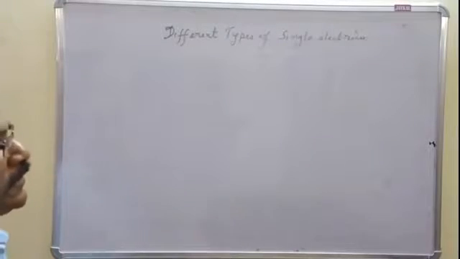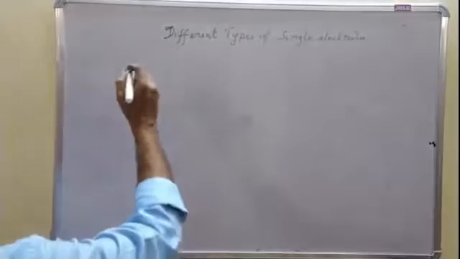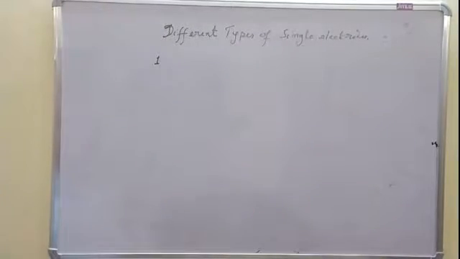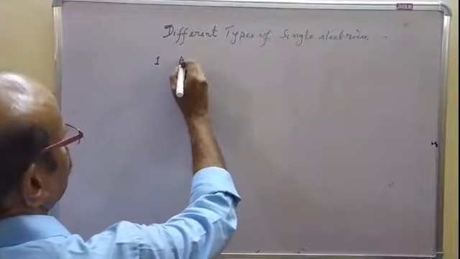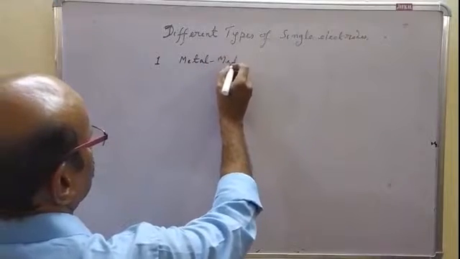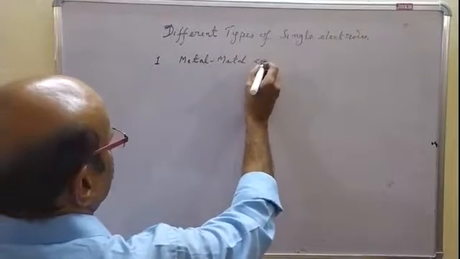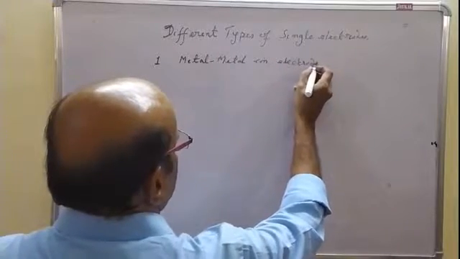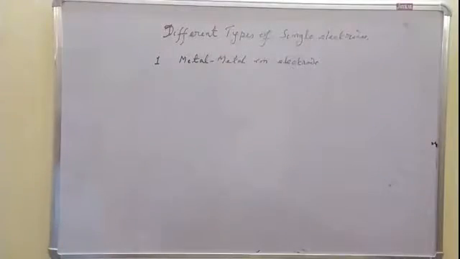So first we have to discuss the metal ion. The classical example of the single electrode are our conventional metal ion electrode. This is the conventional classical example of a single electrode.